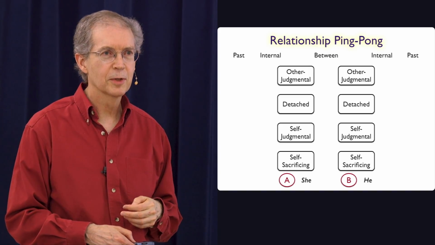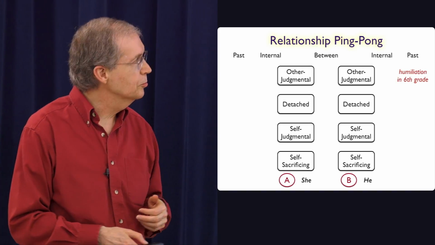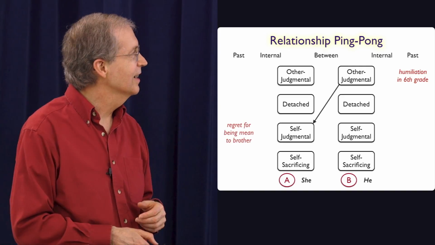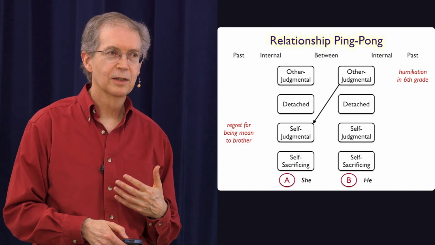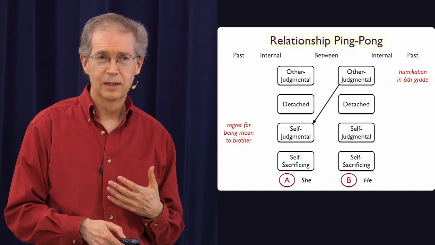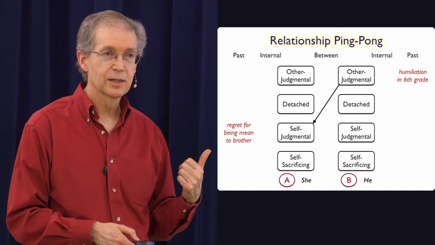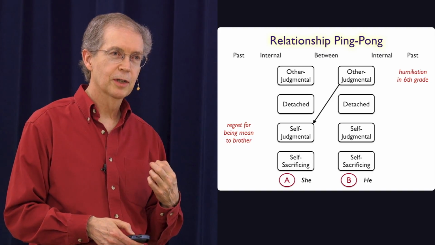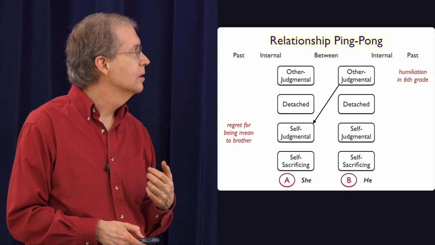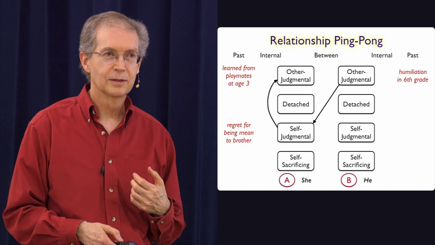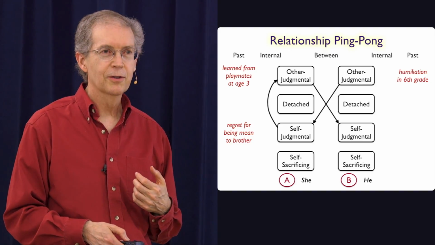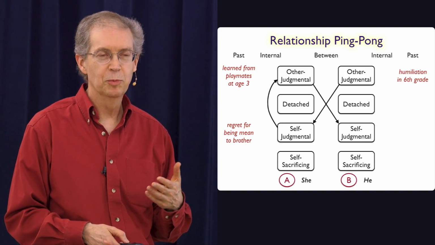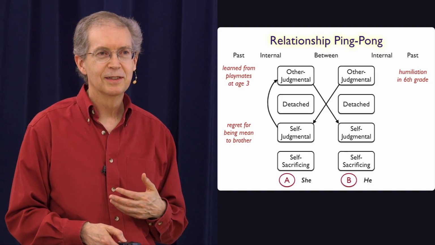Fairly simple, common patterns. So, the other judgmental part in B gets triggered, and he reaches out and says something to A that lands on her self-judgmental part. And she goes inside. But through her past, she has developed a defense pattern that means that when her self-judgmental part gets hurt, she invokes her other judgmental part, and so she counterattacks. And because she knows B pretty well, she can hit.